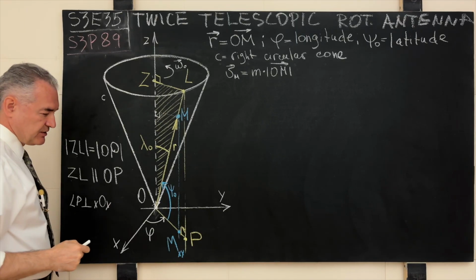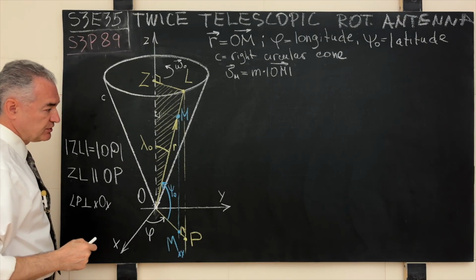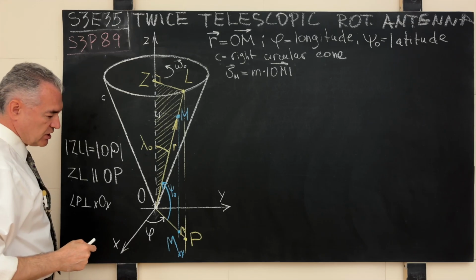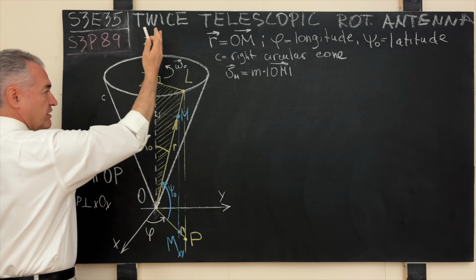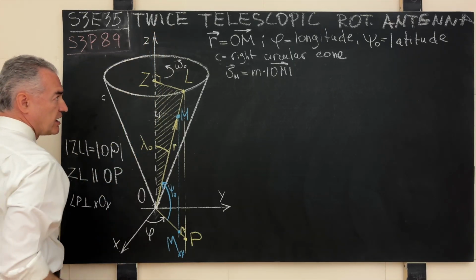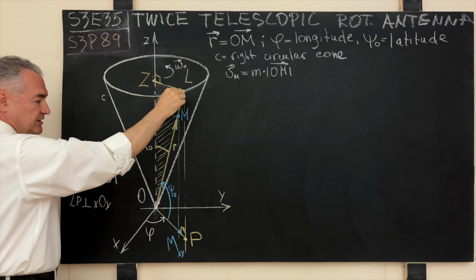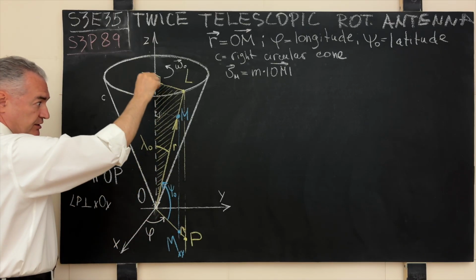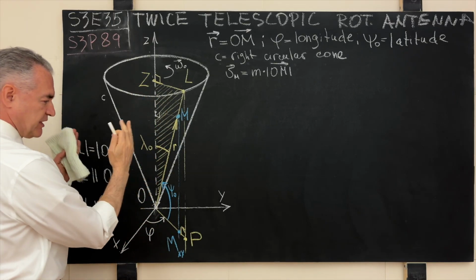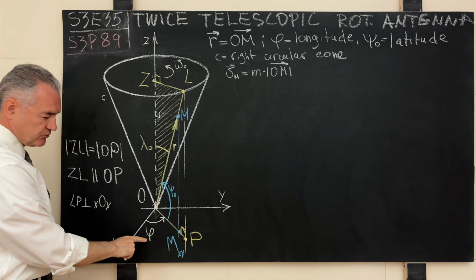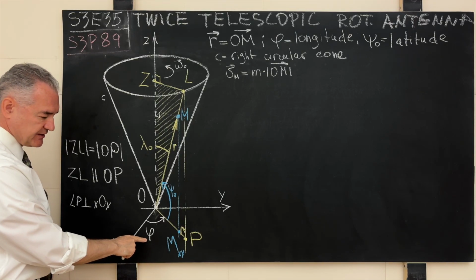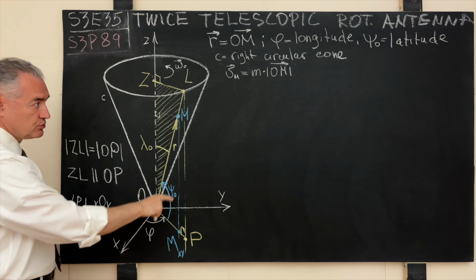Well, that means that at any point in time, if we construct a plane XOZ and the plane ZLO, then these planes will form a dihedral angle. And to that angle we will refer as the longitude of the point M.